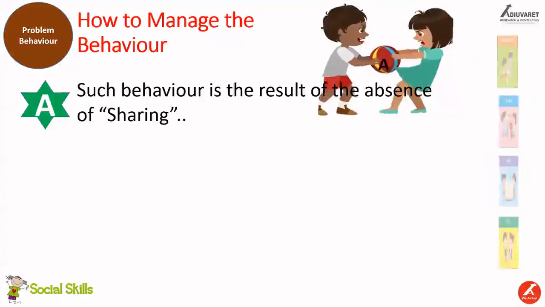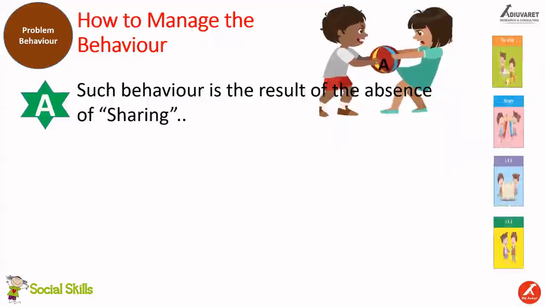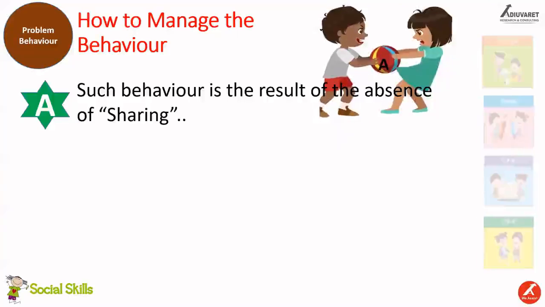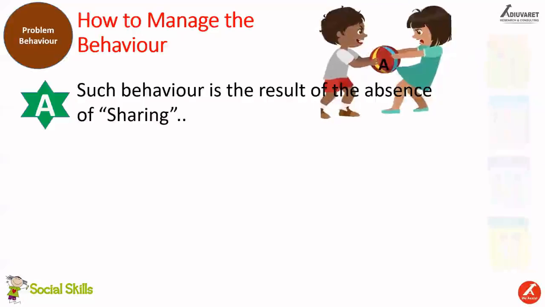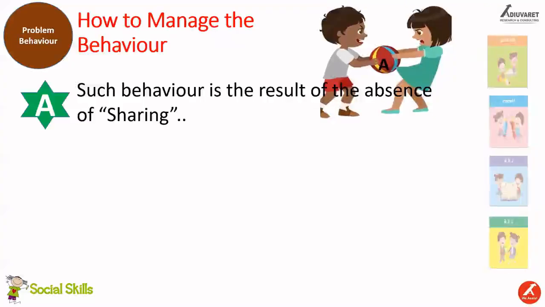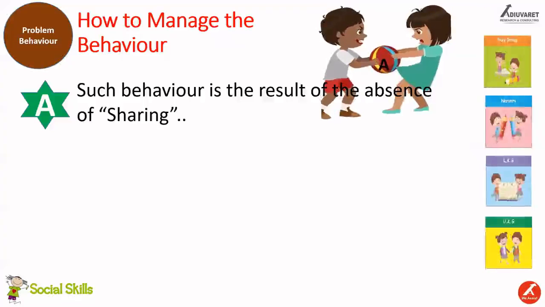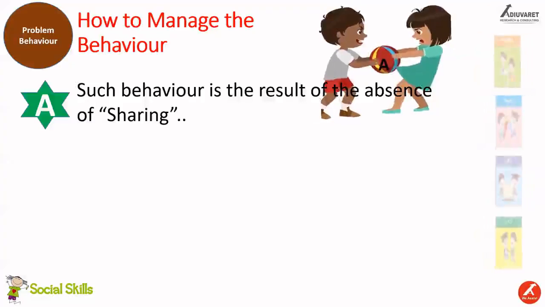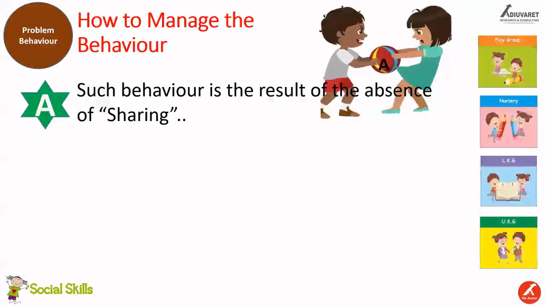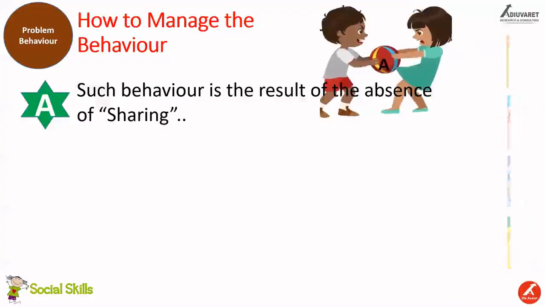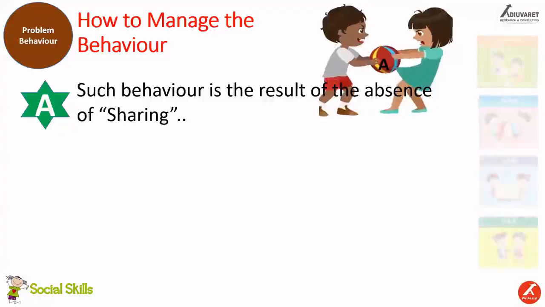Number one, we must understand that such behavior happens due to the absence of one quality, which we call sharing. Sharing is a good social behavior, and we try to build such behavior in our children in either the preschool environment or the home environment.